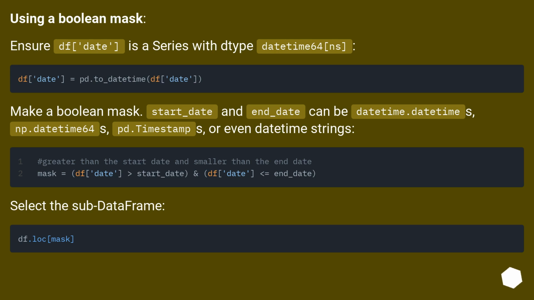Using a Boolean mask. Ensure df['date'] is a Series with dtype datetime64[ns]. Make a Boolean mask. start_date and end_date can be datetime.datetimes, np.datetime64s, pd.Timestamps, or even datetime strings.